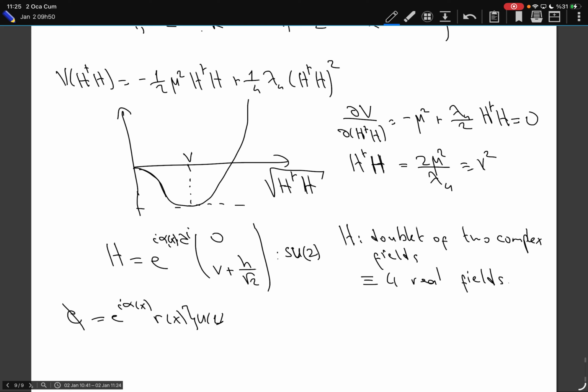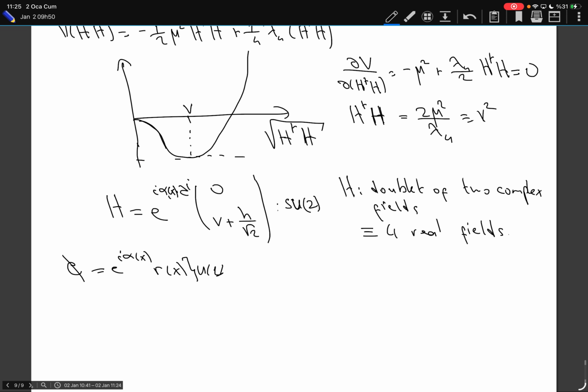I actually chose one direction and wrote the radial part along that direction, and then I just rotate it to wherever my final field is. Those are the angular dependencies. Now, what does this tell me? H dagger H is now 0, v plus h over square root of 2, times 0, v plus h over square root of 2. These alpha fields basically disappear.